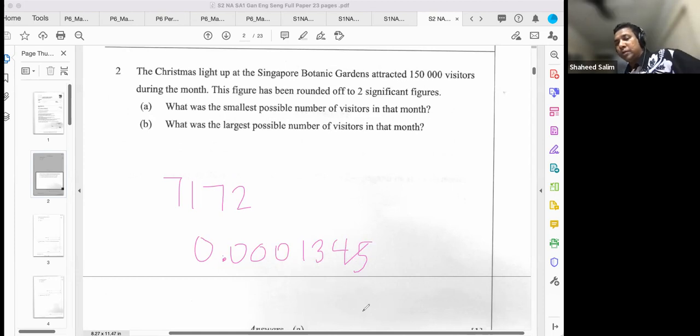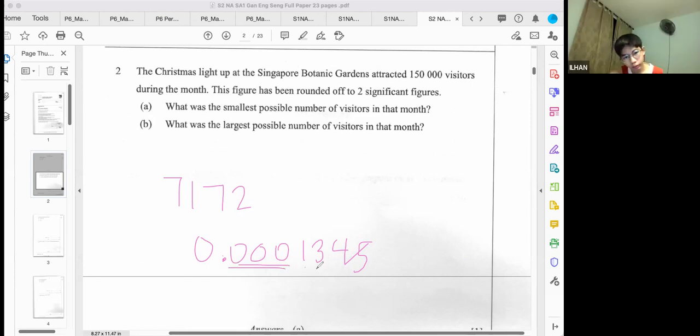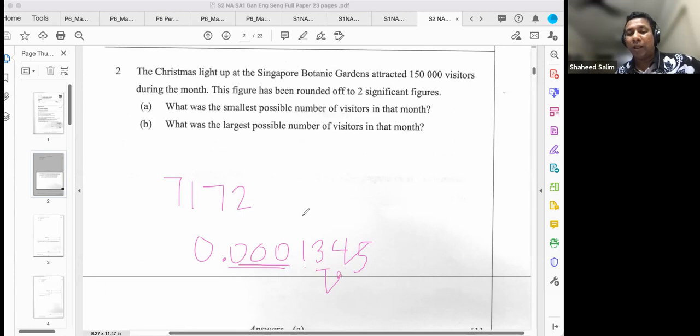Two significant figures. 0.13. Okay, but there's 0 here. You count 1, 2. This 0 you don't count yet. So your 1, 3 is correct, but you must leave the 0 in. For a decimal, you don't start counting until after the 0.